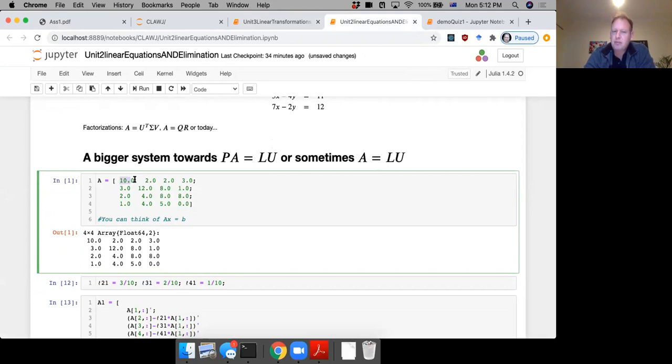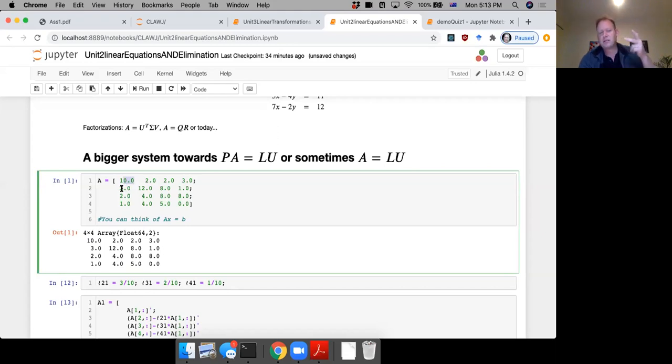If it happens to be 0, if this top left entry, this A11 entry, happens to be 0, then we actually need to do row exchanges. And we won't deal so much with that, but that has to do with this matrix P. Then we have to do a permutation. But let's assume that that's not the case, as it isn't in this case.